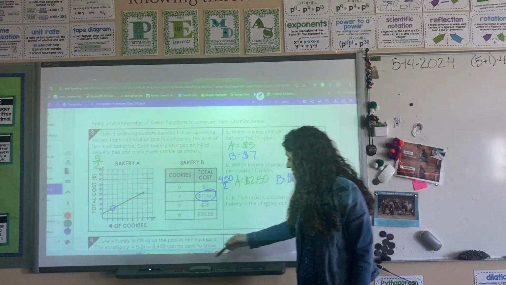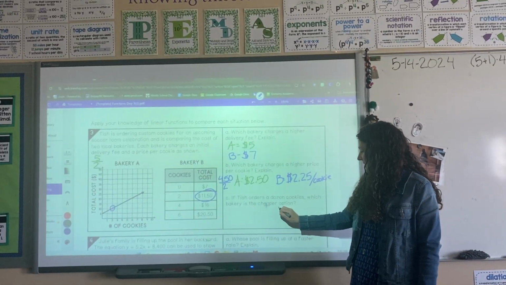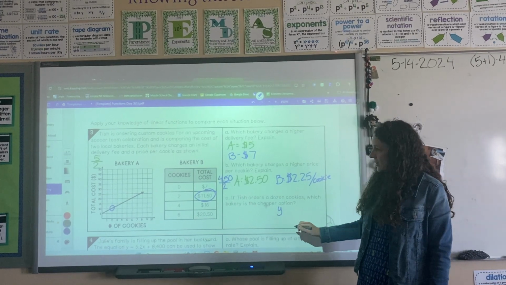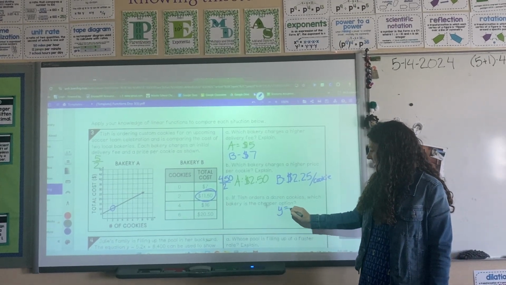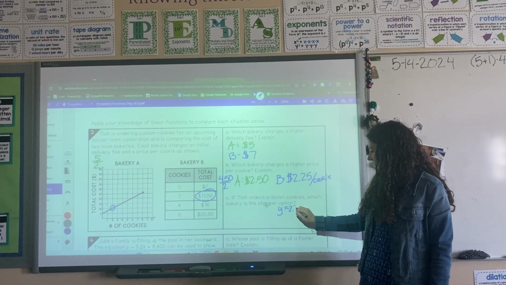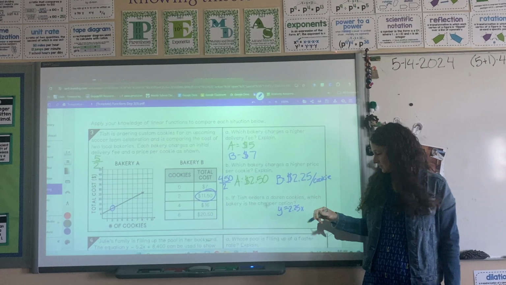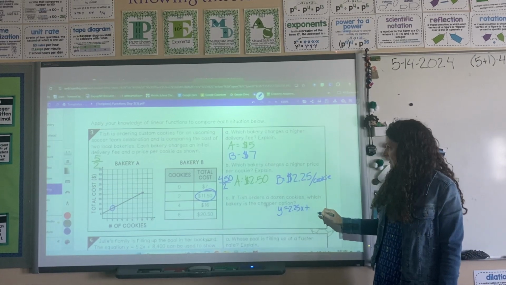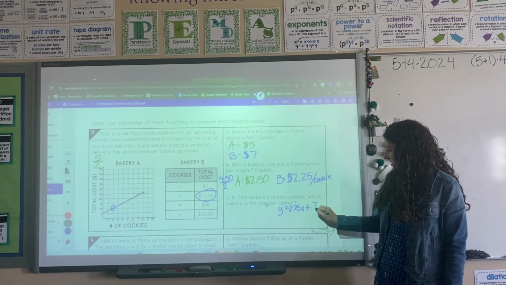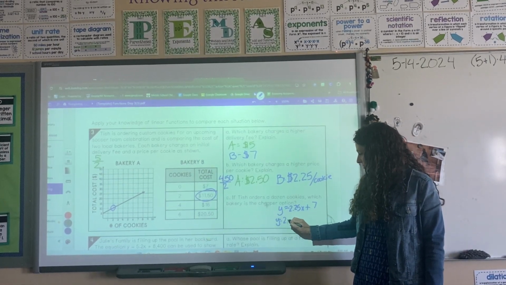So B's equation: the total cost, we're going to call the total cost Y, equals how much per cookie? 2.25 times X, which is the number of cookies, plus, what's our delivery charge? 7. So Y equals 2.25x plus 7.